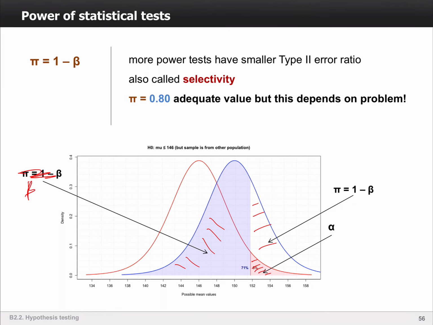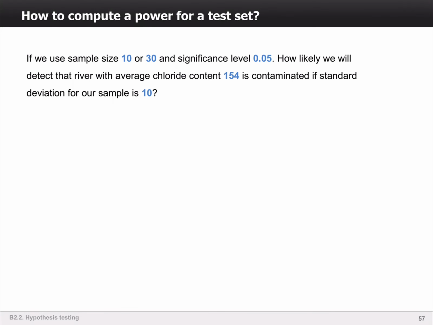So every time we have a sample from this distribution, we will be able to reject the null hypothesis, and in this case, because our sample is indeed from another population, from this one, this will be a correct rejection. So that's the chance that we will see an effect when an effect is present. So how do we calculate it? Let me show you a couple of examples.